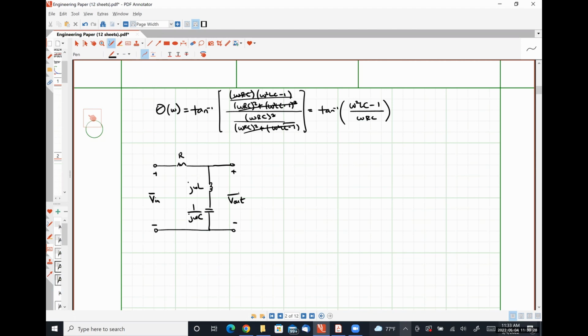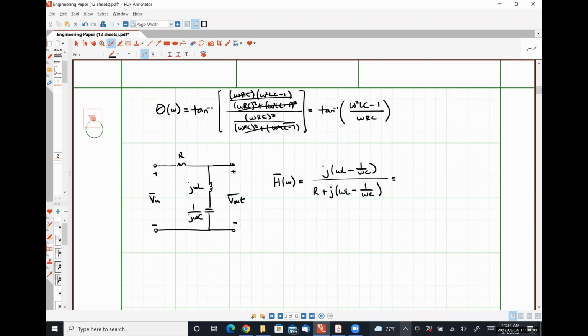So in this case, we are going to have in the numerator j times omega L minus 1 over omega C. And in the denominator, we're going to have exactly what we had previously, R plus j omega L minus 1 over omega C.